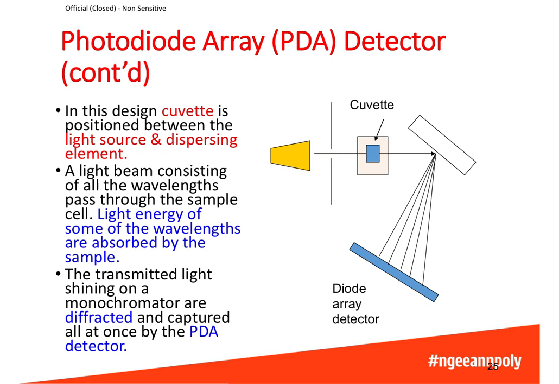When the light passes through the cuvette, some of the wavelengths will be absorbed by the sample. The light from the sample then reaches the monochromator and the light is diffracted. The PDA detector is able to capture all the wavelengths at one go, and this enables us to simultaneously measure the absorbance at different wavelengths by the sample.